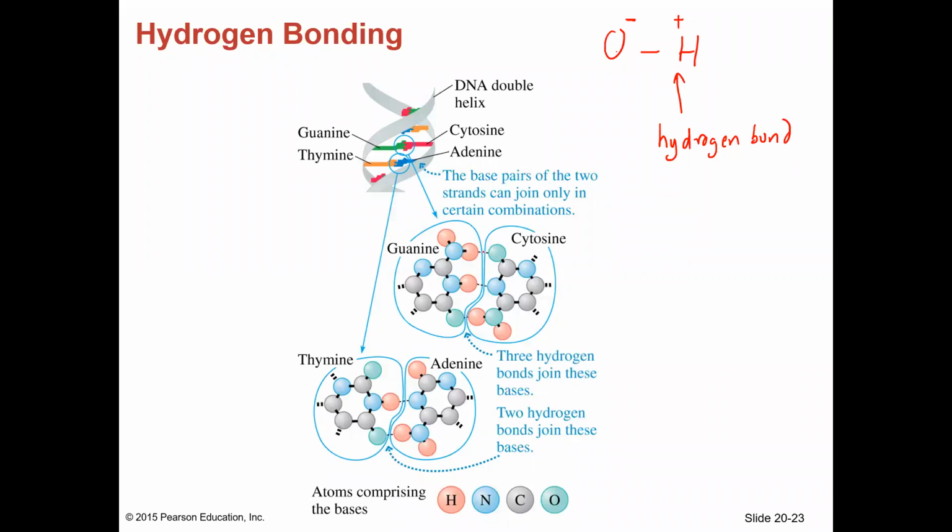So it has a bond here, and a bond here. This is hydrogen, this is oxygen. There is a hydrogen bond here. There's also a bond between hydrogen and, in this case, nitrogen. There is a bond between oxygen and hydrogen. Okay, so there are three hydrogen bonds.